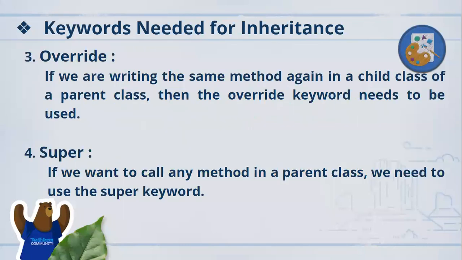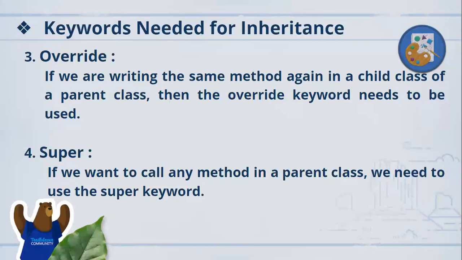The third keyword is override, which is utilized in achieving runtime polymorphism. I will show you in a few moments. If we write the same method of a parent class inside a child class, that method should be marked with the keyword override, and only then can that particular method be overridden.